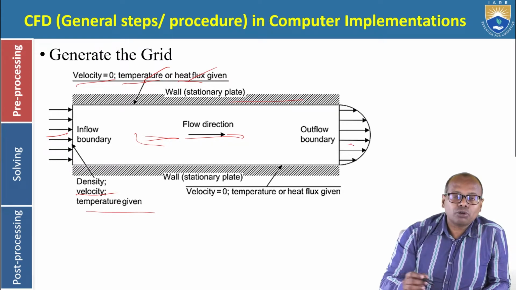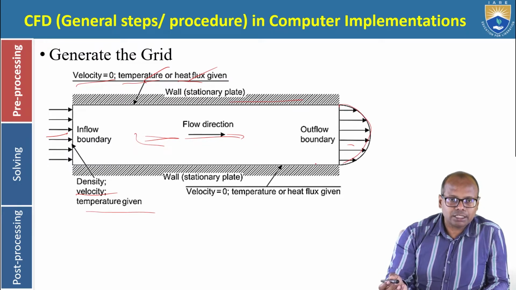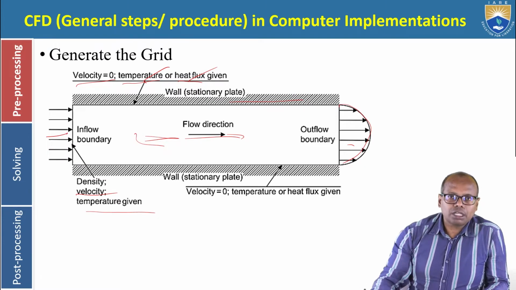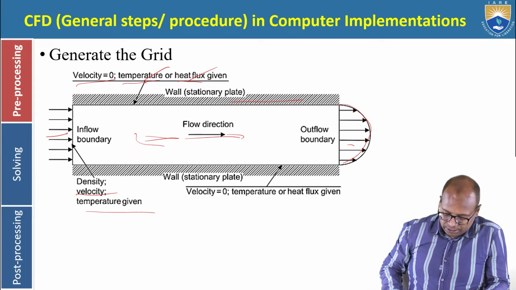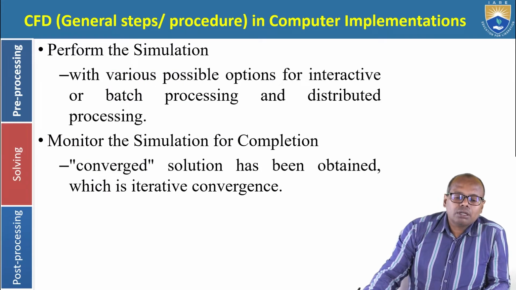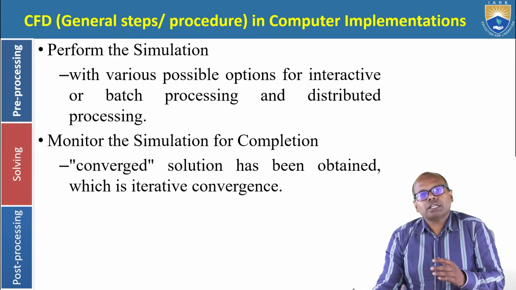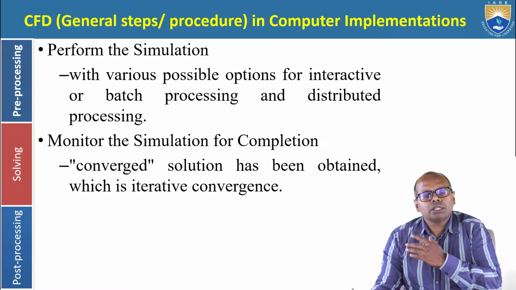Then at the outflow, the outlet condition, we can give a pressure condition, or a mass flow condition, or an outflow condition. Like this we can give the boundary conditions.